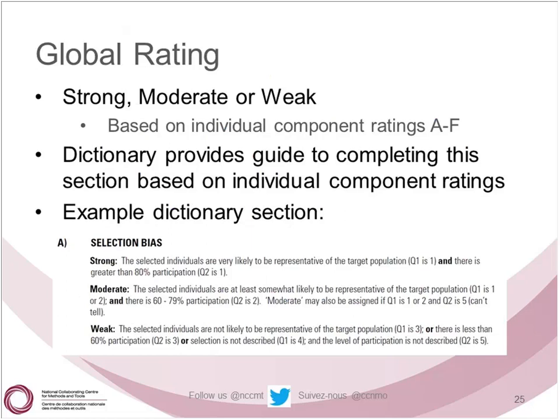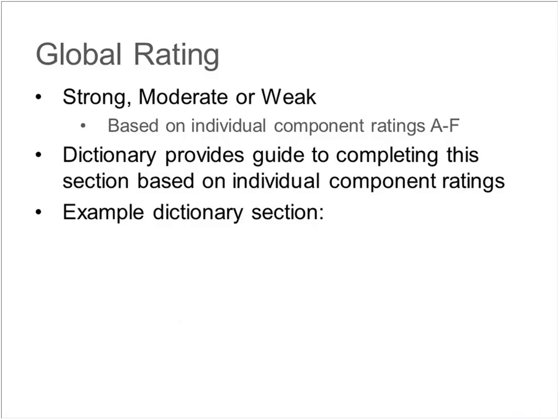So for sections A through F, the dictionary tells us, depending on how we answered items A through F, how we would go about assigning an overall global rating of strong, moderate, or weak. Actually, I think I have it on the next slide.